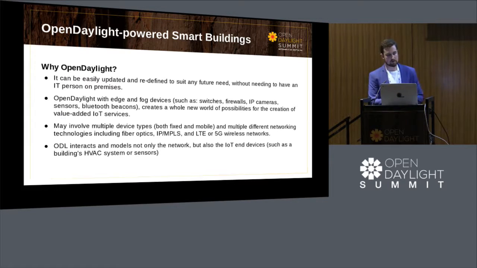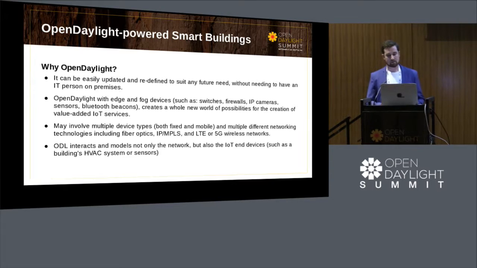So why use OpenDaylight? First, it can be easily updated and redefined to suit any future need without needing to have an IT person on premises, especially with a lot of it managed in the cloud. OpenDaylight with edge and fog devices can create a new world of possibilities for the creation of value-added IoT services.